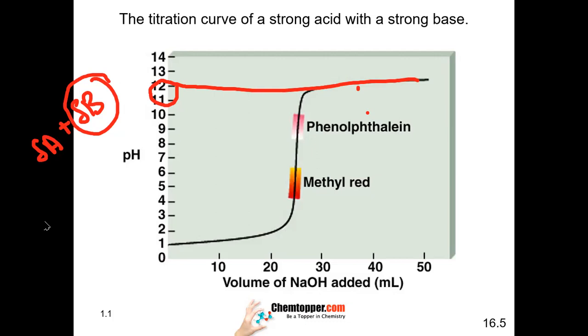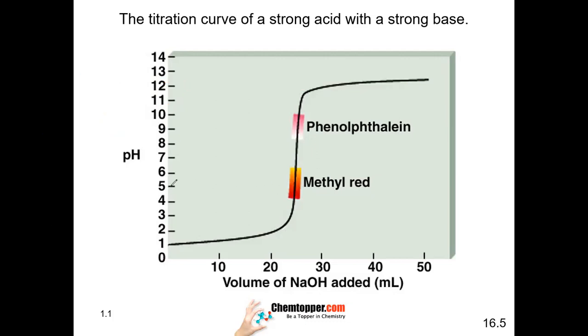Methyl red, check. When the pH is below this range, then it is red in color. This is red and this is orange. So the color changes from orange to red. But what is needed? pH should be below 4. Who can ensure that the pH is going to be below 4?